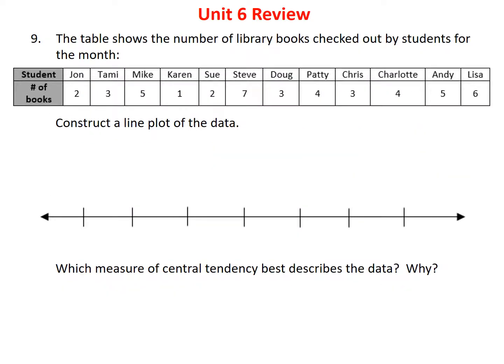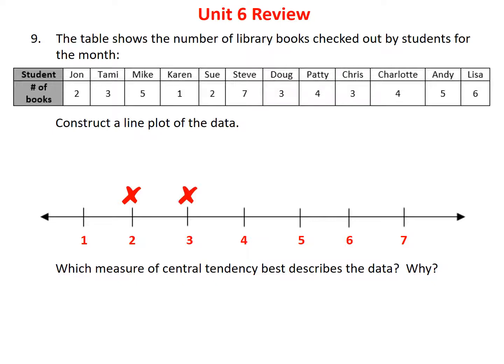Our last problem asks us to take the following data and construct a line plot, sometimes called an X plot, of the data. Well, the first thing we need to do is simply number these points down here. So I have from 1 to 7, so 1, 2, 3, 4, 5, 6, 7. And all I'm going to do is take each data point and put an X above that line. So the first point is 2, so I come down here and put an X on number 2.